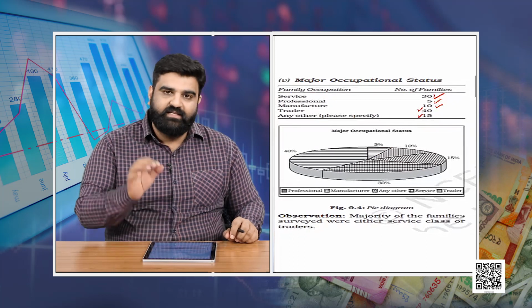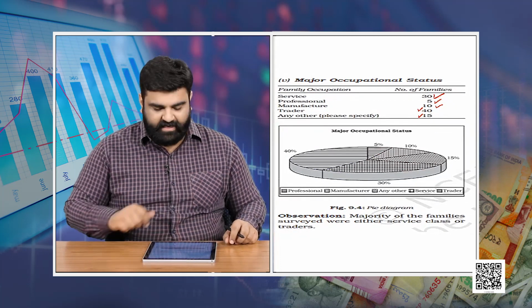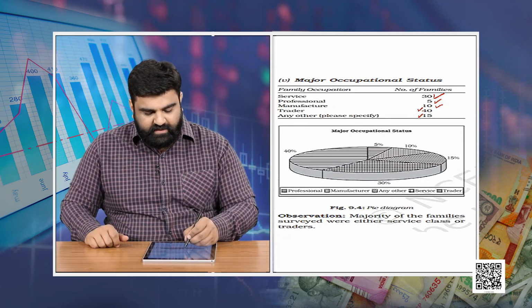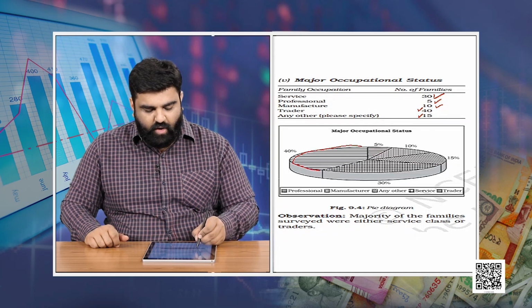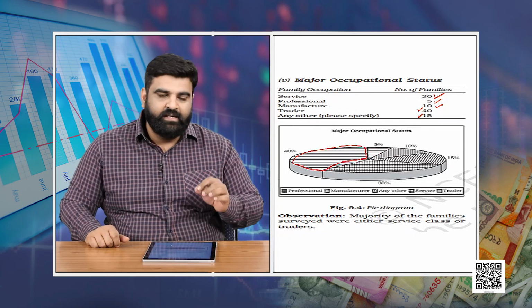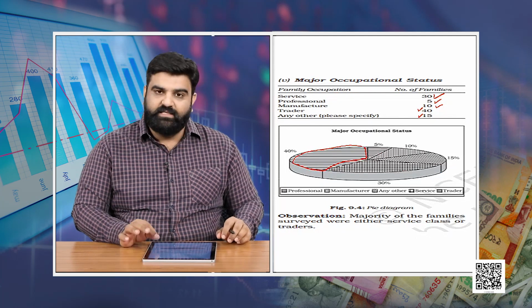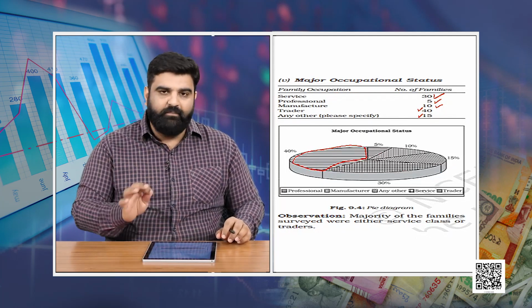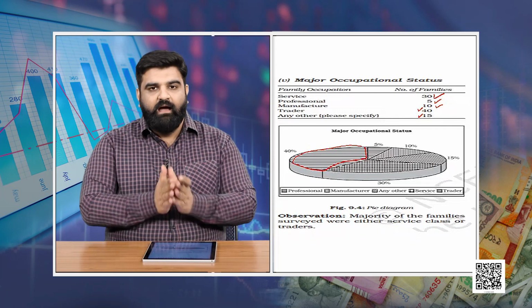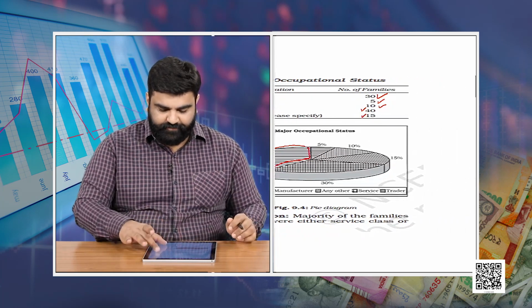We have represented this information in the form of a pie diagram, which shows that the major people that occupied the pie were actually traders. So, 40% of the families were traders because 100 families were surveyed.